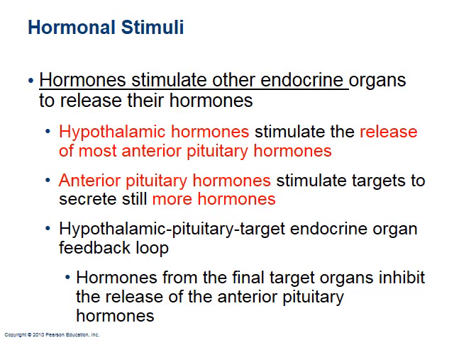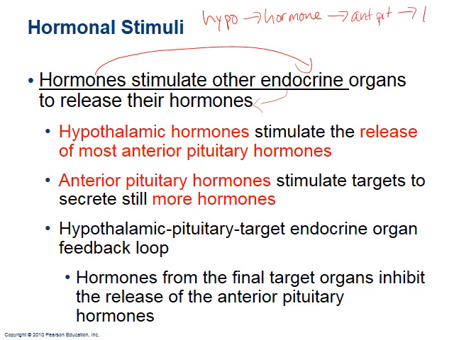Here comes the fun one, the hormonal stimulus. So hormones can stimulate endocrine glands to release their hormones. So we're going to see a pathway that's repeated where we see the hypothalamus is going to release a hormone. That hormone is going to go to the anterior pituitary. That's going to cause another hormone to be released.